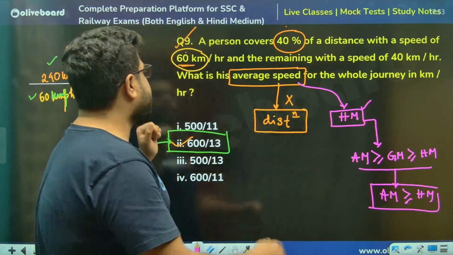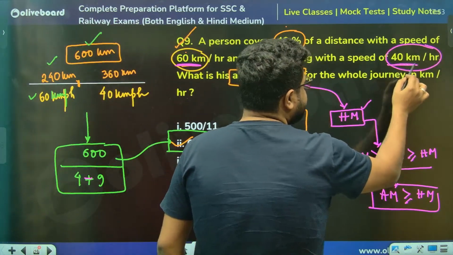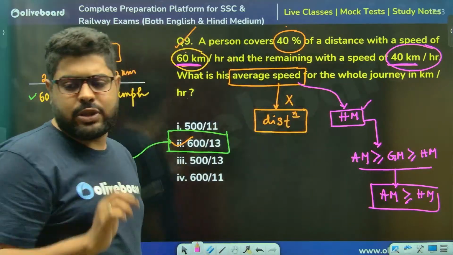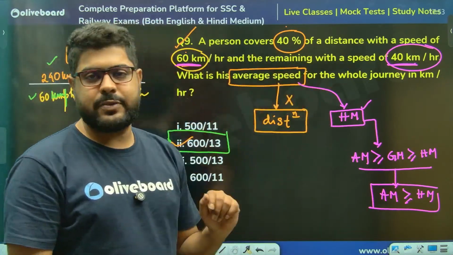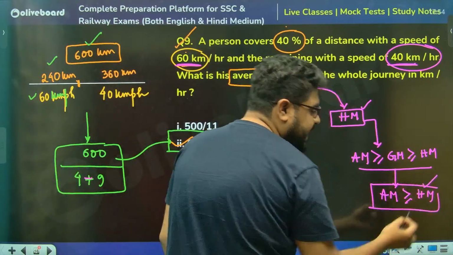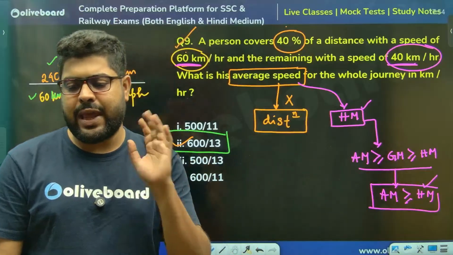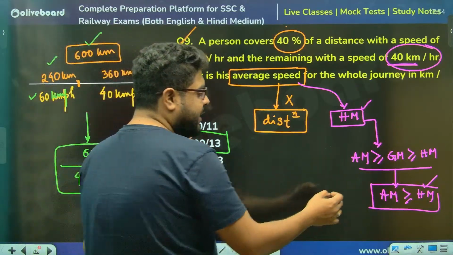So here I'm talking about two speeds. One is this, another is this. So if the speeds are equal, then AM and HM both are same. But again, it is not the case. So my answer, this HM, will always be slightly less than your AM. AM करना तो सबको आता है सर.